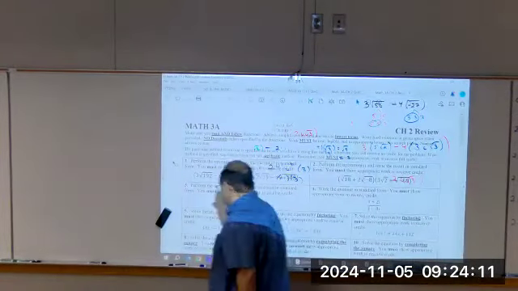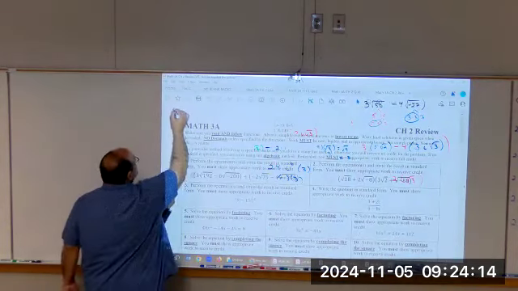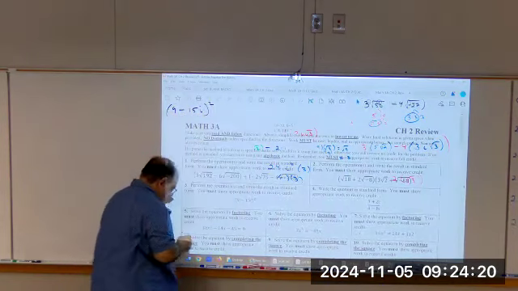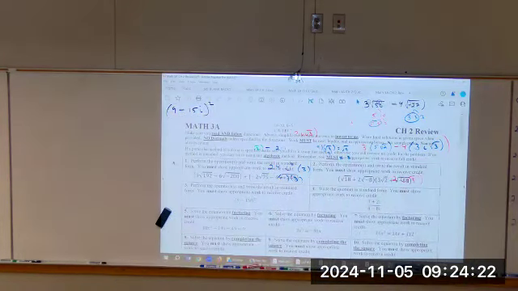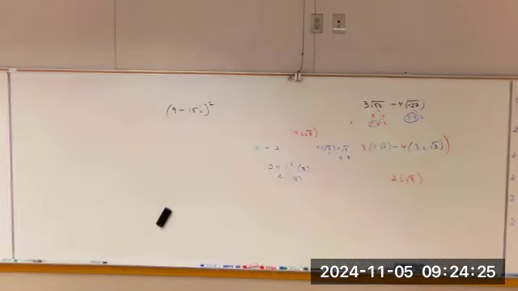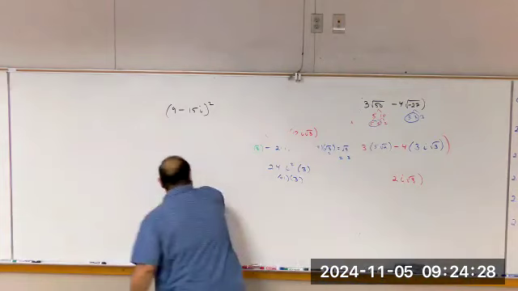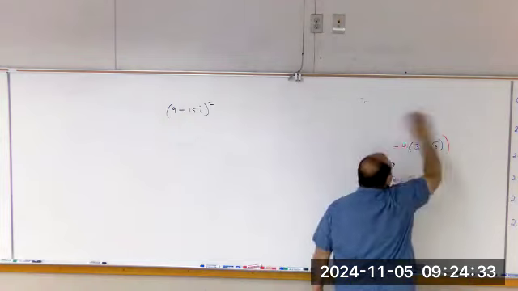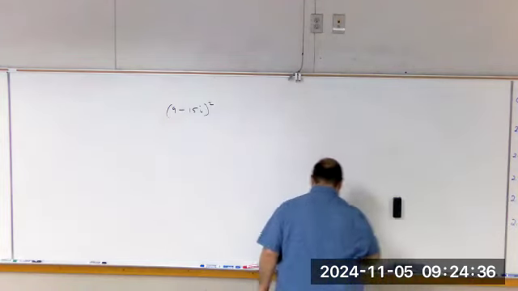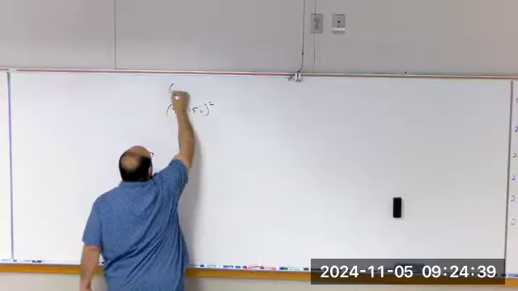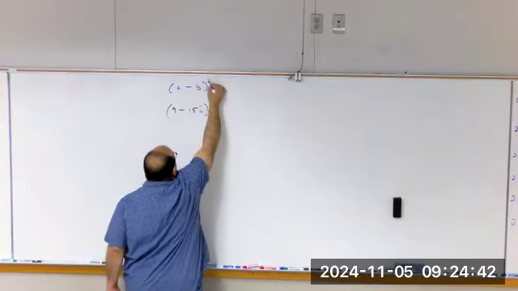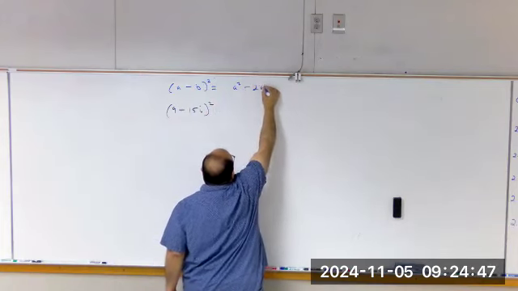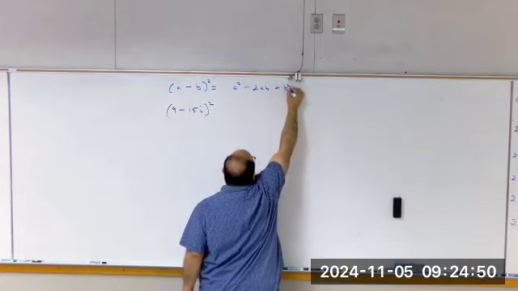So 9 minus 15i squared. If you know your special product, your a minus b squared, if you know how to go with your a minus b whole thing squared, you square the first one, a squared, in the middle minus 2 times ab, and then you have plus b squared.